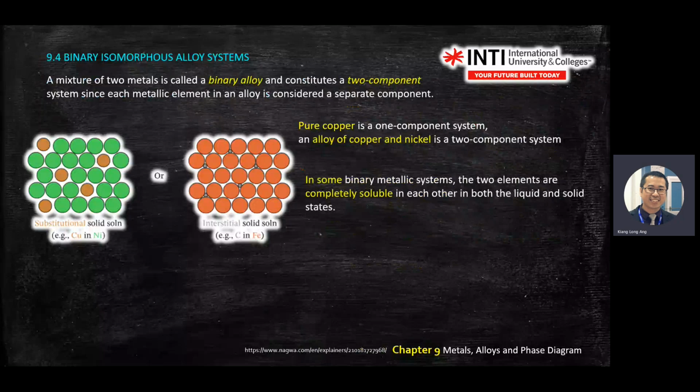There are 2 types of strengthening mechanism. You still remember? One is substitutional, you substitute, or insertional, where it is fixed inside the space. There are 2, substitutional and insertional strengthening mechanism.